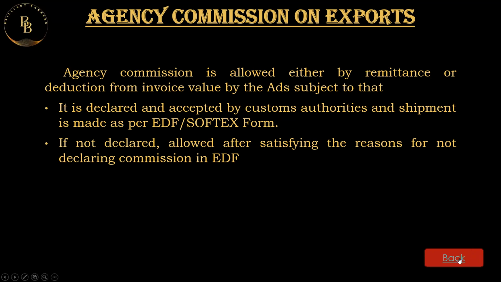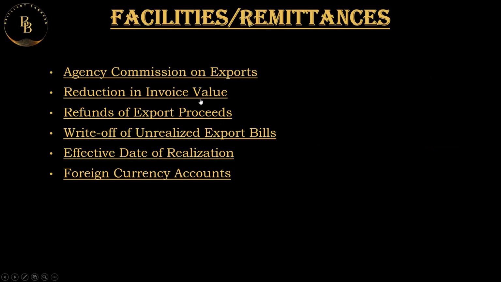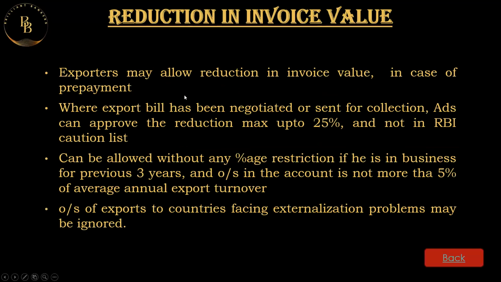Now coming to the next point, what is reduction in the invoice value? Exporters may allow reduction in the invoice value on account of the cash discount to overseas buyers for prepayment of the usance bill. The discount can be allowed for the unexpired period at the stipulated rate of interest on a benchmark of the currency.